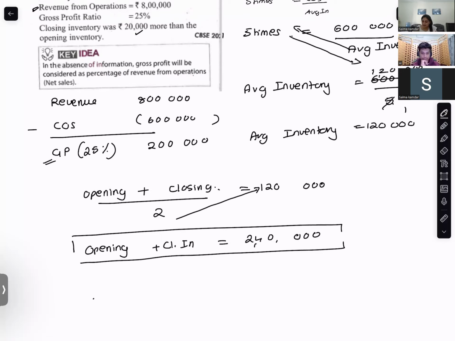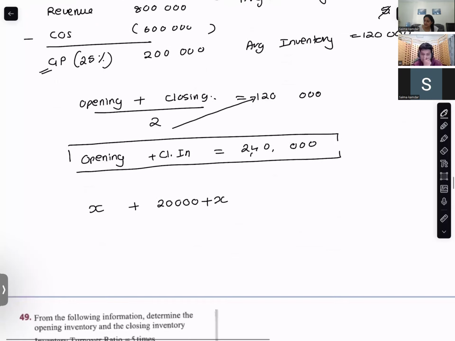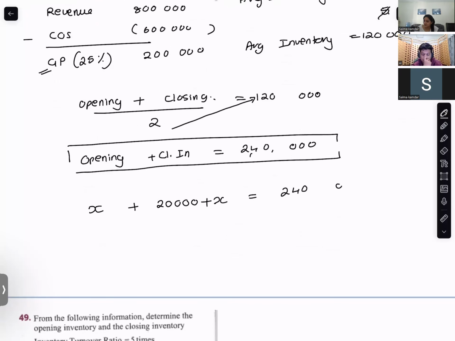So if I say my opening inventory was X, closing inventory was how much? 20,000 more, so it was 20,000 plus X. So X plus 20,000 plus X gives me 240,000.